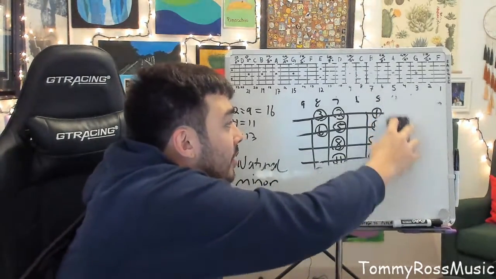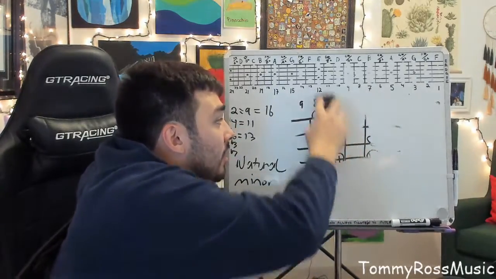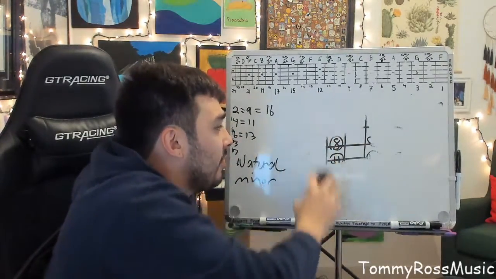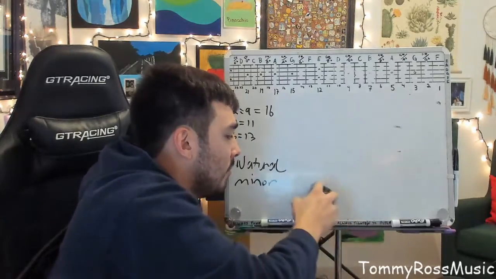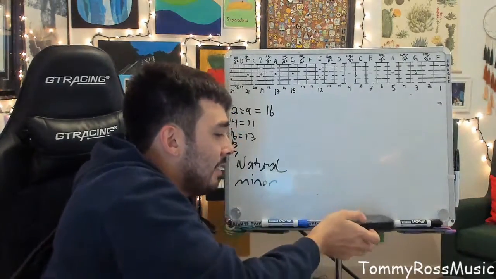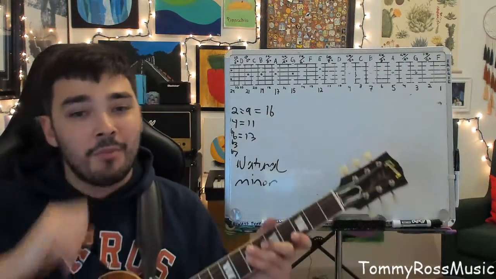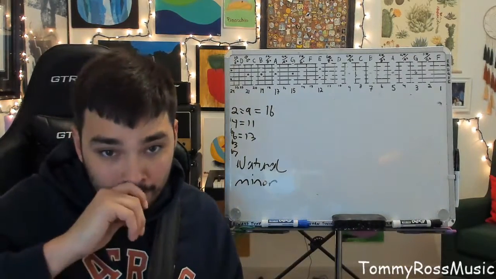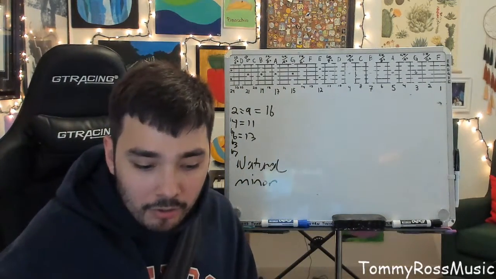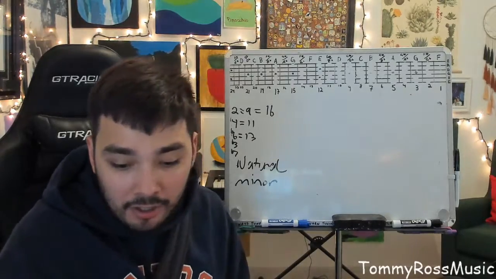If you're familiar with the Jimi Hendrix chord, I believe it's like an E7 sharp 9. But people just call it the Jimi Hendrix chord. So let's go ahead and map it out here.